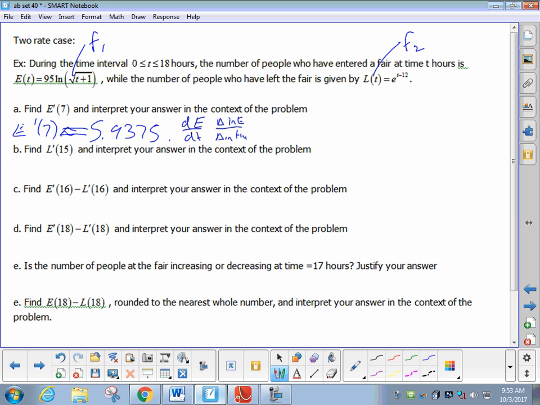Okay, so at time 7 hours, what? People are entering the fair at a rate of... You can't round; you can have a fraction of time.